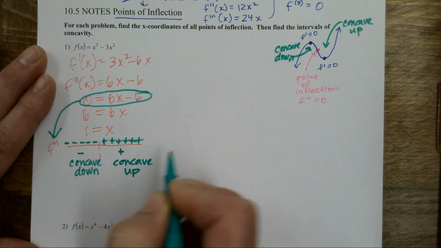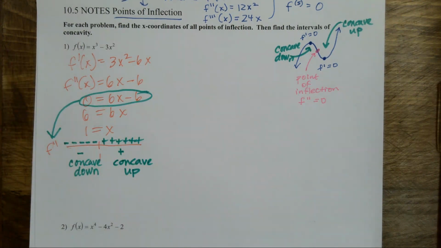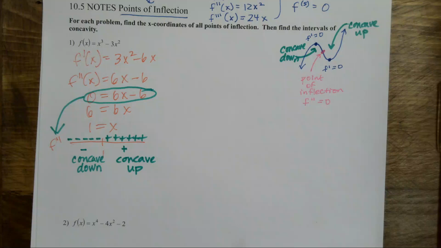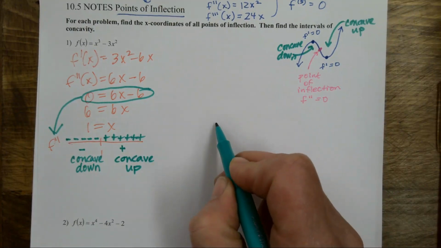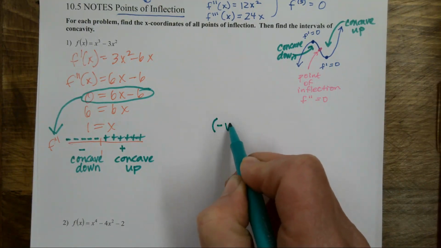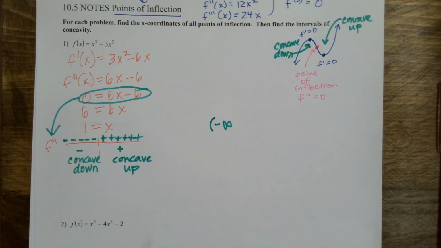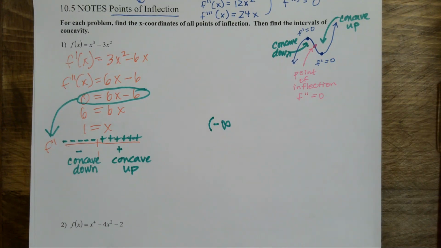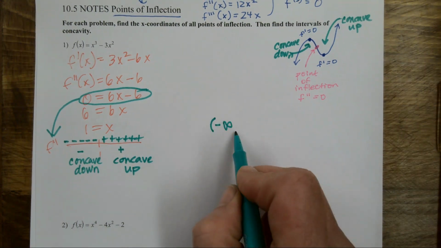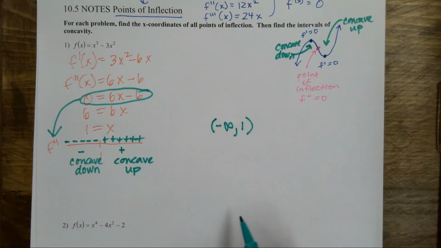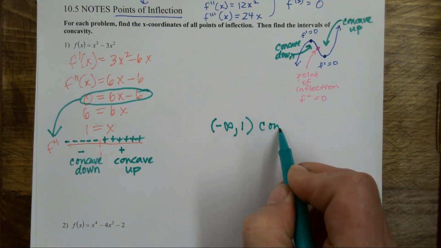So I'm reading this differently when I'm using the second derivative. With the first derivative, I'm looking for increasing and decreasing. With the second derivative, I'm looking for opening up and opening down. And so when I write my answer, I always read it from left to right. From the far left, this is my foreign language of math, up until 1, this graph is concave down.